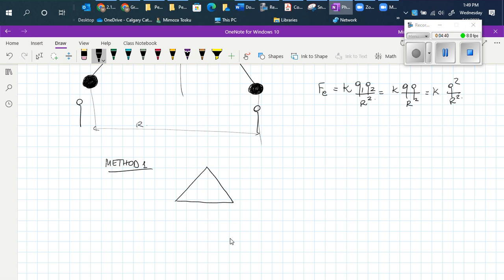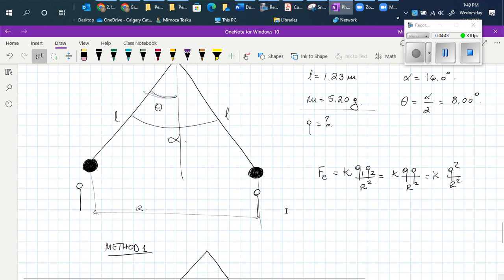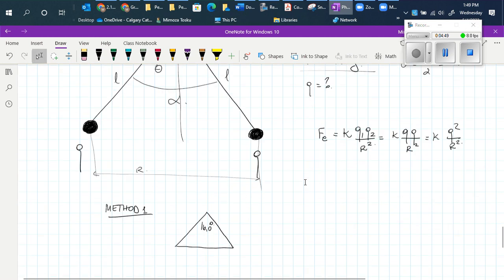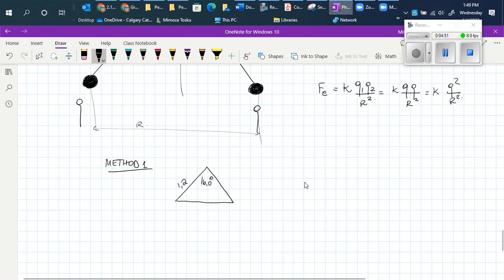When you know that angle alpha is 16 degrees, and the length L is the same, 1.23 meters. So in order to find this one here, you can apply cosine's law.